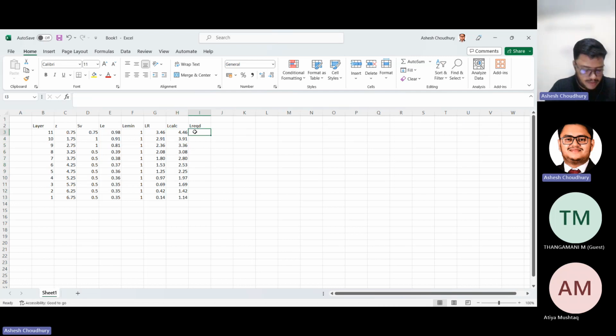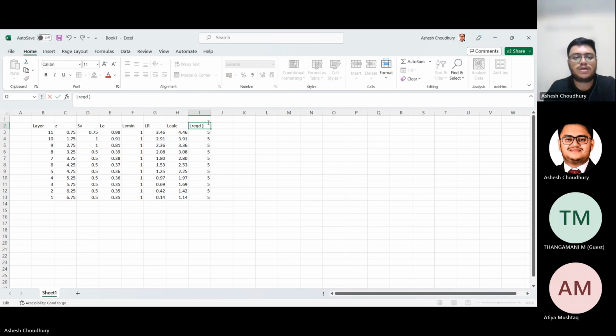Right? So when we are putting, it is up to you. You can put varied length also, or we can put the same length throughout. If you want to put the same length throughout, you can put this 5 meter. Okay, put 5 meter.